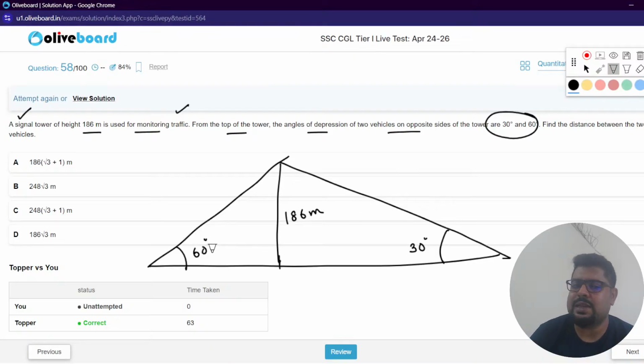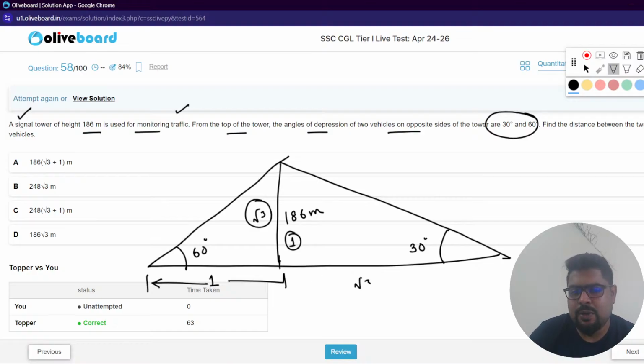Okay, sir. So do one thing. If this is 60, then this is root 3 units and this is 1 unit. And again, if this is 30, then this is 1 unit and this must be root 3 units. But again, please understand what we need to equate here. What do we need to equate? These two cannot be different because both are representing the same value. So here, let's multiply this by root 3.